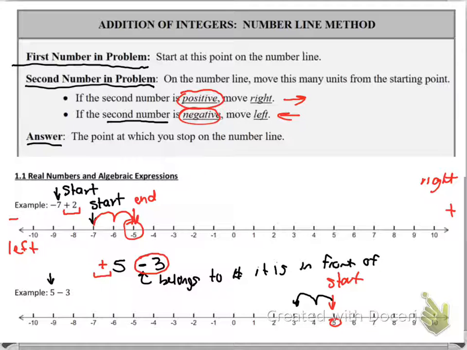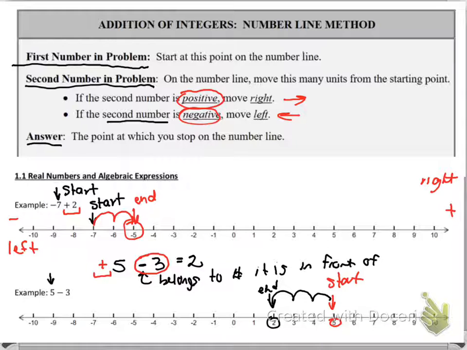I apologize. I'm going to move over 1, 2, 3 spaces. There we go. And I'm going to end here. Since I've moved 3 spaces to the left, I end at +2. So again, that means that 5 minus 3 is +2.